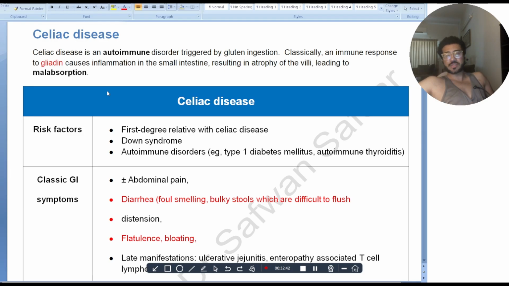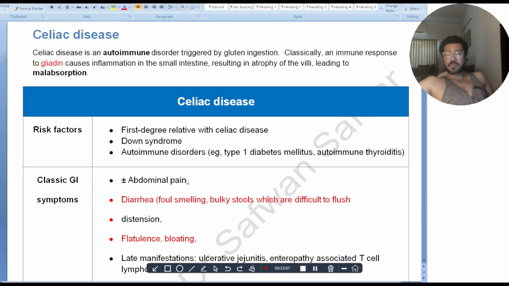What are the high yield symptoms? So what happens when atrophy of the villi happens? It results in malabsorption, and the bacteria act on all those malabsorbed nutrients and gas is produced that results in abdominal pain due to bloating and distension of the bowel.